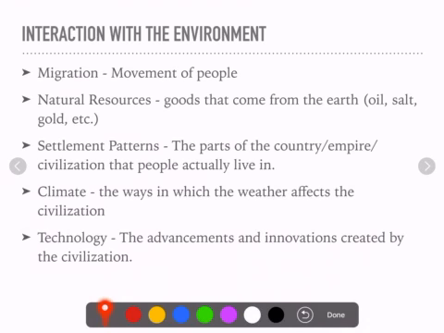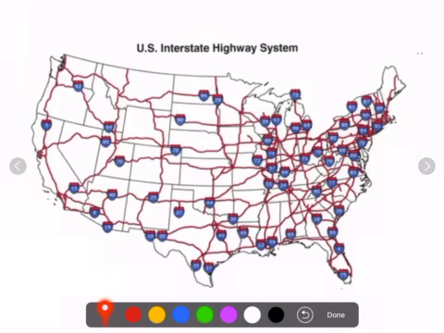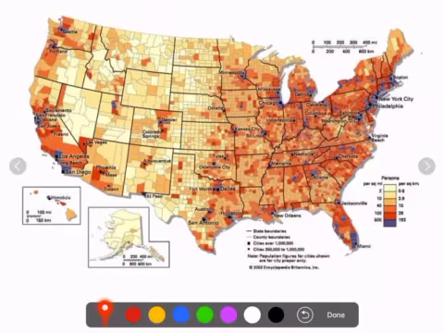Settlement patterns. This is a fancy way of saying where do most people live in your country. If you were looking at the United States, this map shows population density in different areas. You'd see that most people live in this Boston, New York City, Philadelphia, Baltimore, D.C. area, so where we are.